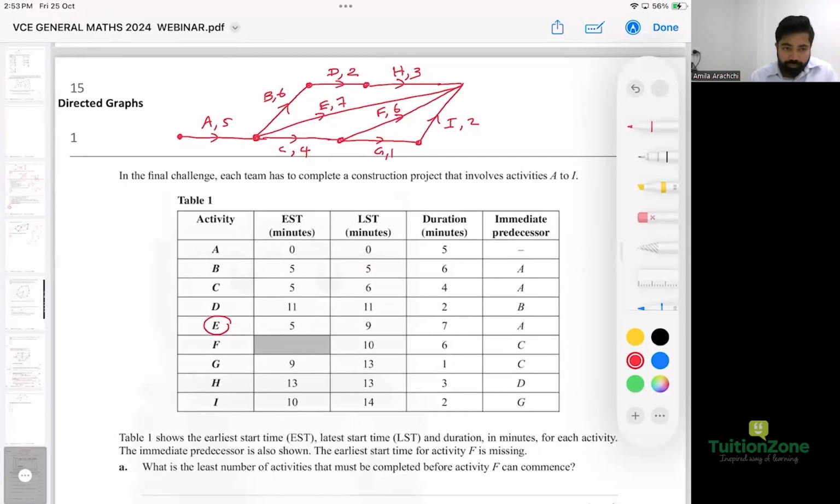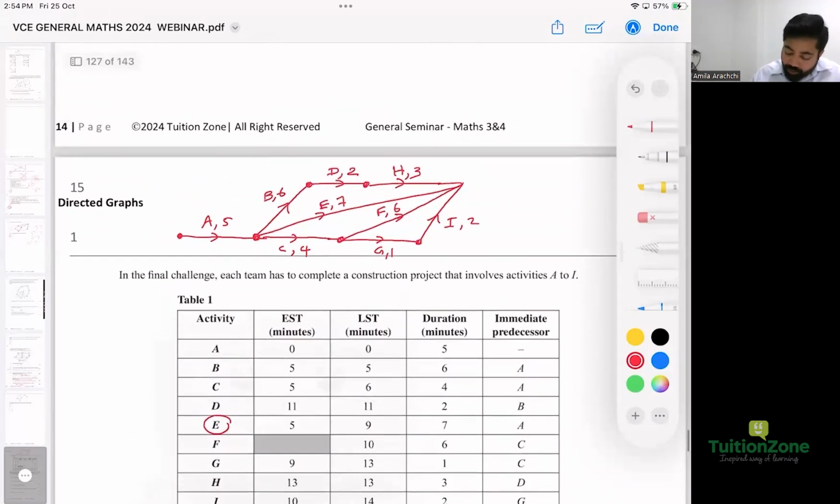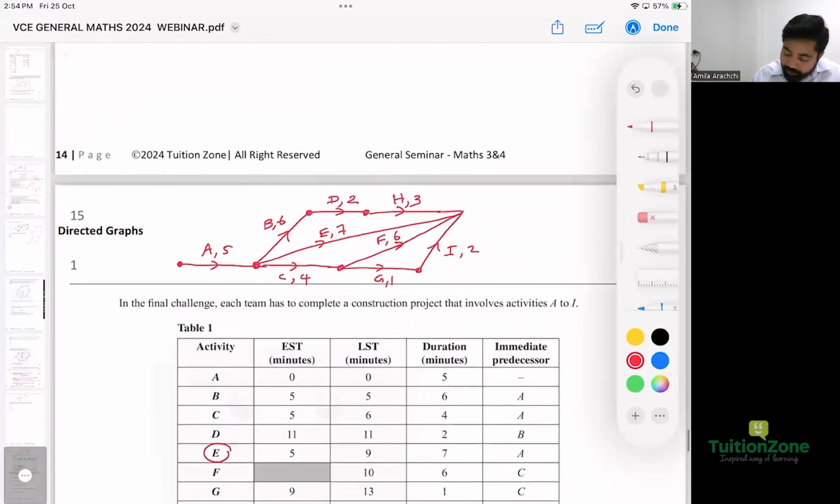Is that clear, all of you? And then, I didn't read the questions, what they're really asking. So even I can see like E and F, they're looking for critical path as well. How about if we just try to fill up the EST and LST as a practice at the same time. So complete the EST and LST.